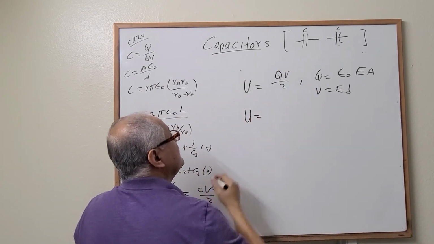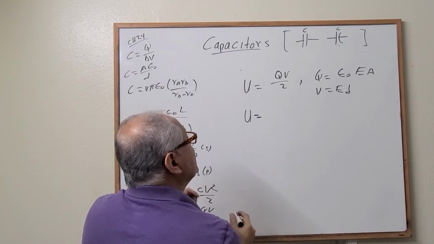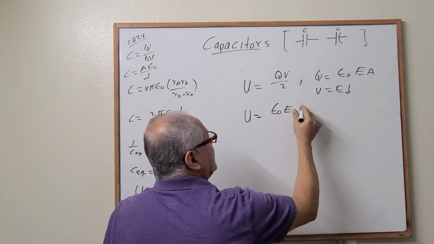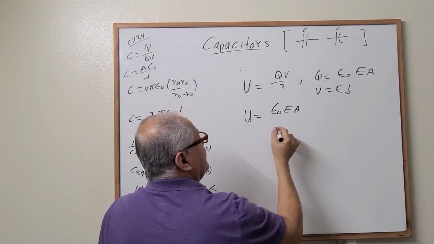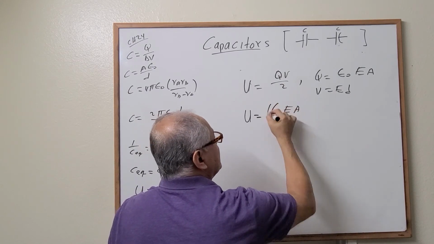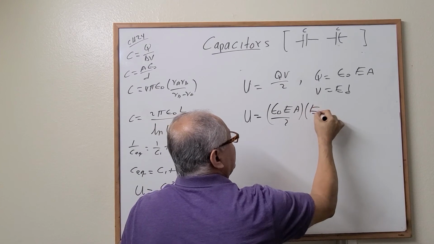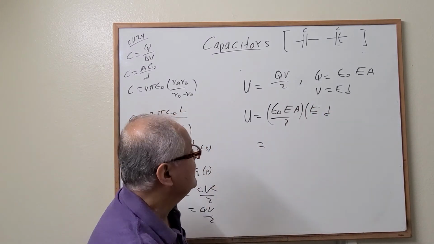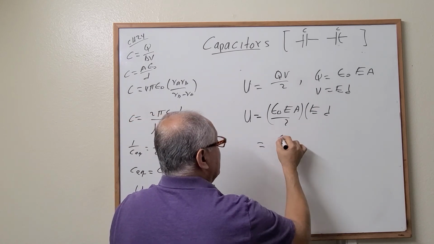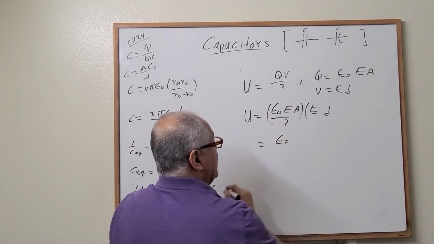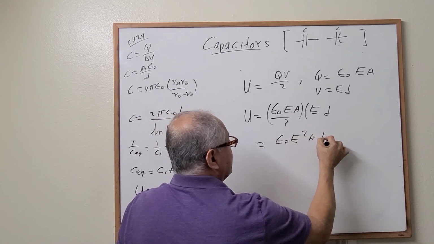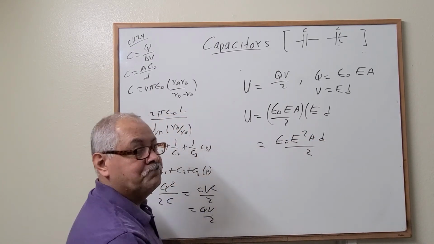The electric potential energy is equal to the charge, which is epsilon naught times electric field times the area, divided by 2, times the electric field times the distance, which is the separation between the two plates. And this is equal to epsilon naught times the electric field squared, times area times d, divided by 2.